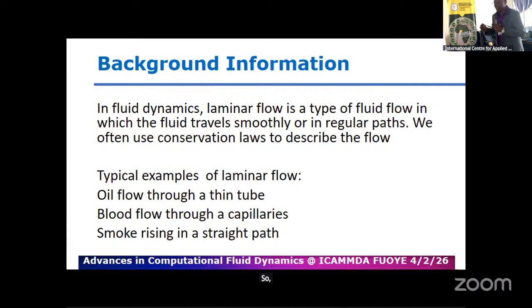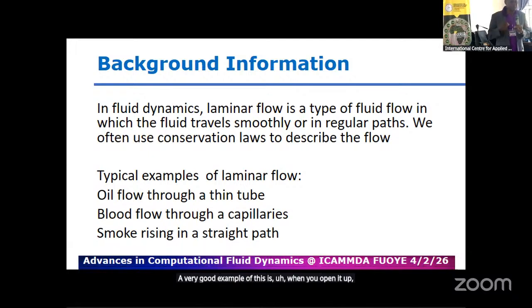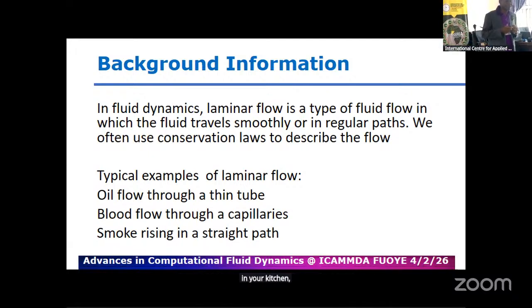So also in fluid dynamics, we talk about laminar flow. It's a type of flow in which the fluid travels smoothly in regular patterns. A very good example of this is when you open the tap in your bedroom, or when you want to wash your hand, when you open the tap gently, you will notice that it's regular, it's smooth, it's glassy, beautiful to look at.